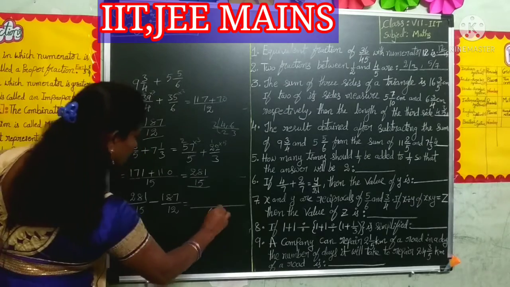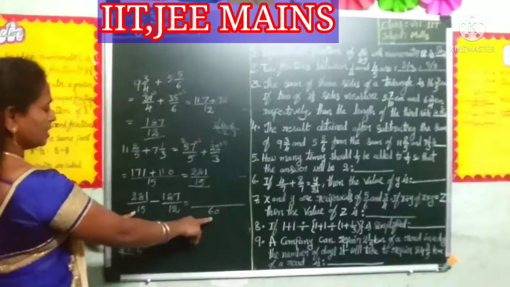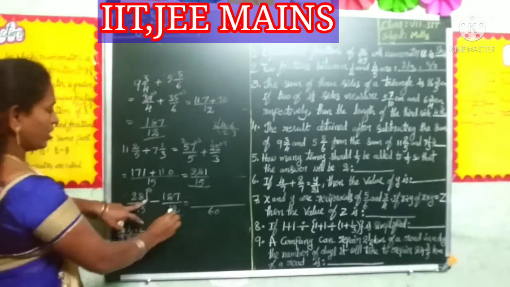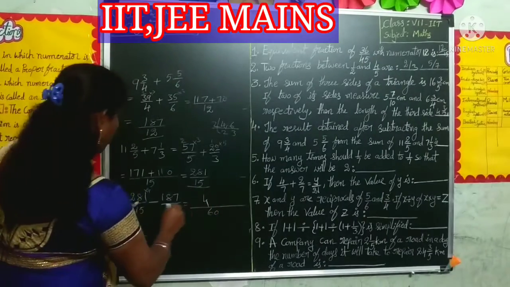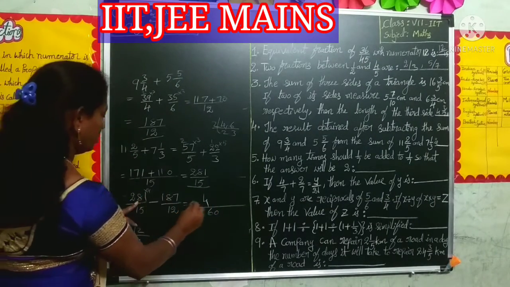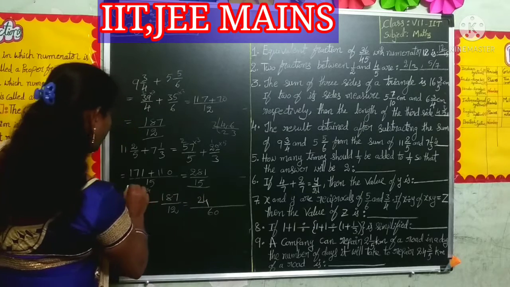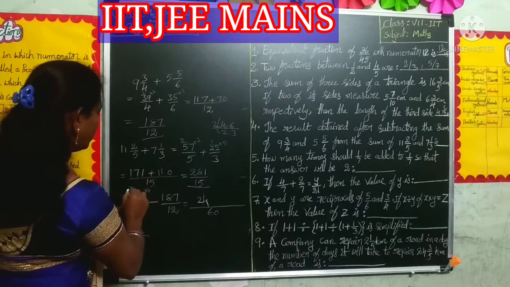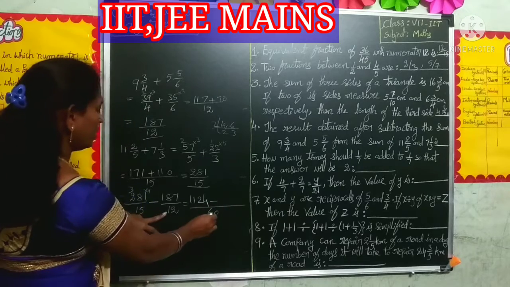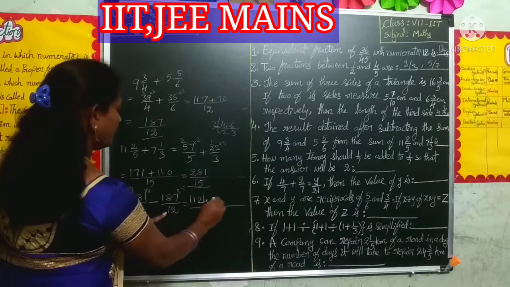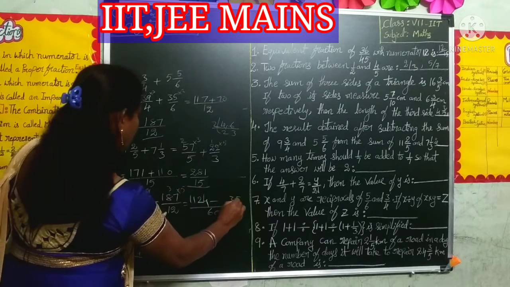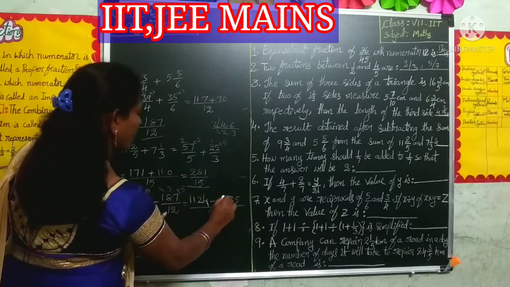So LCM is 60. 15 in 60, 4 times is possible, so 4 is multiplied with the numerator. Next, 4 8s are 32, plus 8, 11, minus 12, 5 times: 5 7s are 35, plus 40, 43, 5, 5, 9.